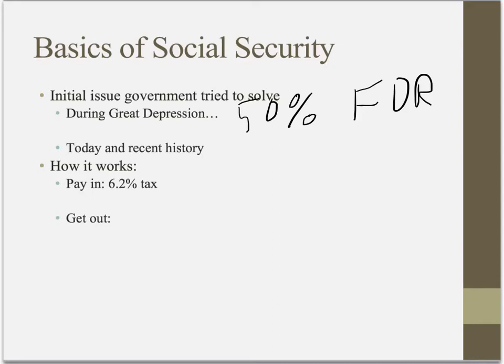So, how does it actually work? Every paycheck you get, you have to pay in 6.2% of your paycheck. So if you made $10,000 in that year, 6.2% of that went to the Social Security Trust Fund. Let's see if I can spell correctly. There we go.